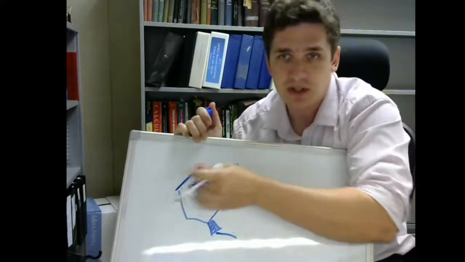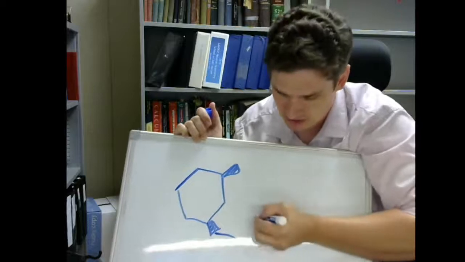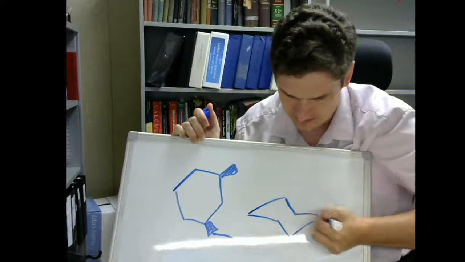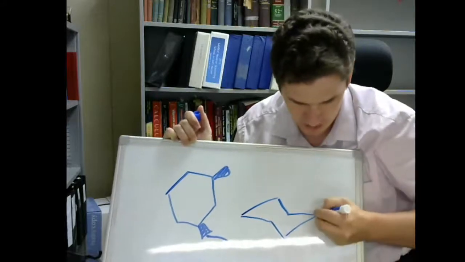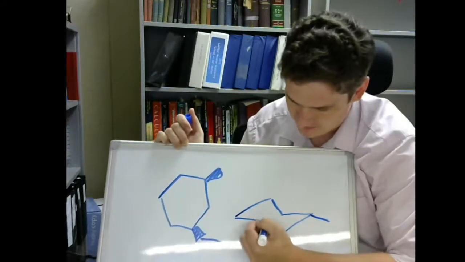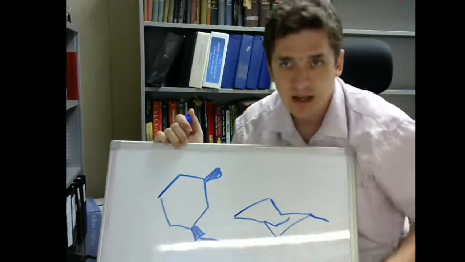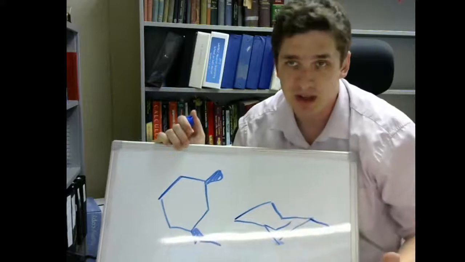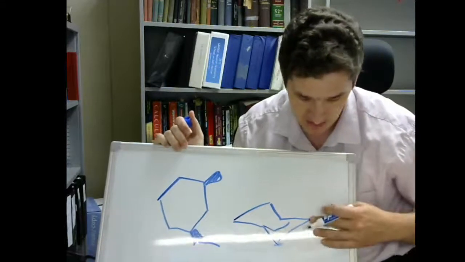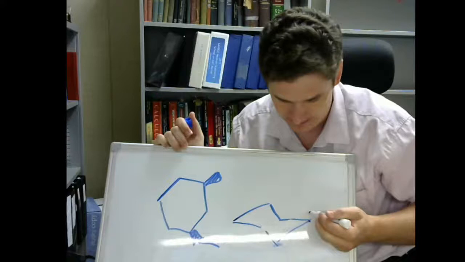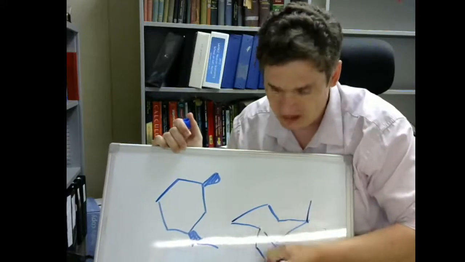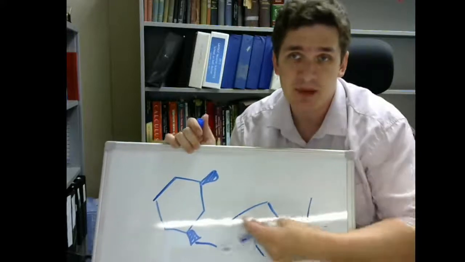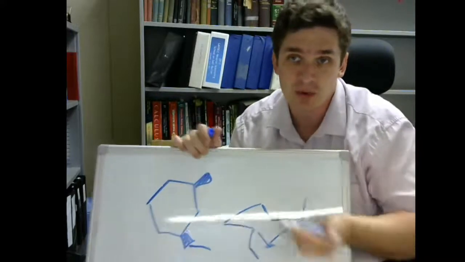So even though this is just shown as a planar drawing, if we were to do the chair conformation, we'd actually put both of them in equatorial positions. So the more stable conformation is where both the methyl and the ethyl group are equatorial. Now, they can both be axial, and they will exist in the axial position to an extent, but a majority of the time they're going to spend in the lower energy equatorial positions.